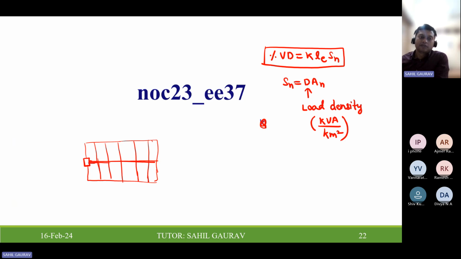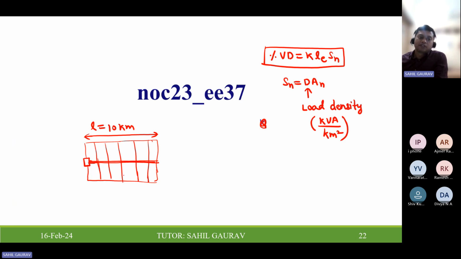Uniformly distributed means it has some load density, that is, kVA per kilometer square. This L is 10 kilometer long, so L is given as 10 kilometer.